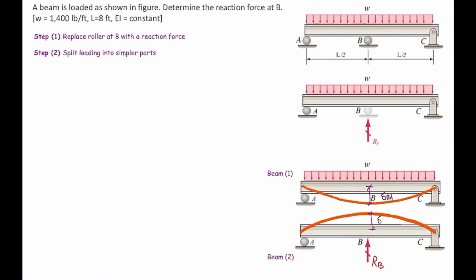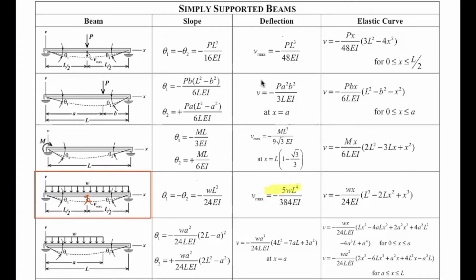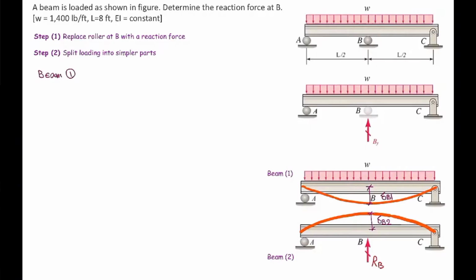Now let me find out what the values of these deformations are. For the first beam, I can find an exact match in the beam deflection table. Because I'm interested in determining the deformation at the middle of the beam, which is the maximum deformation, I can just read this value. So deformation in the first beam is 5/384, distributed load times length to the 4th divided by EI.